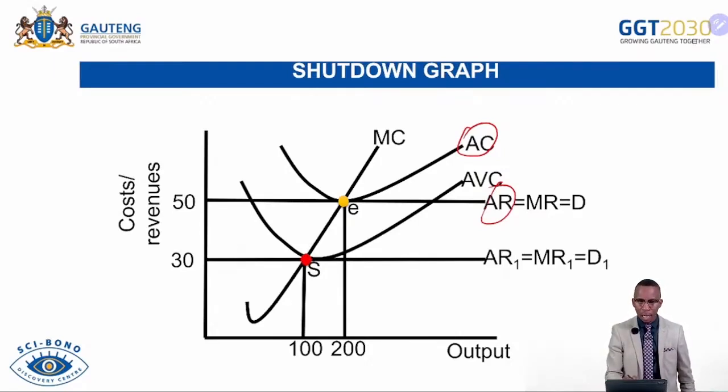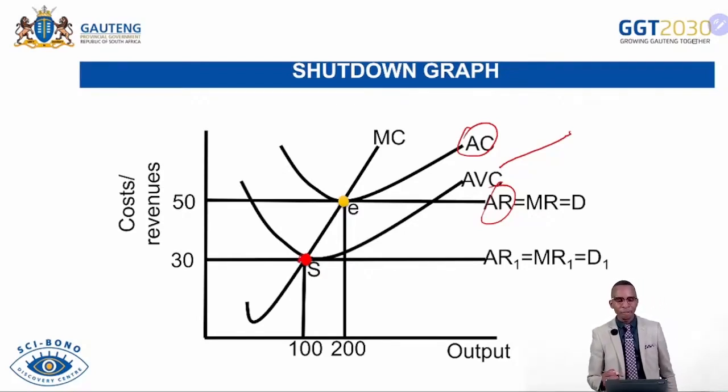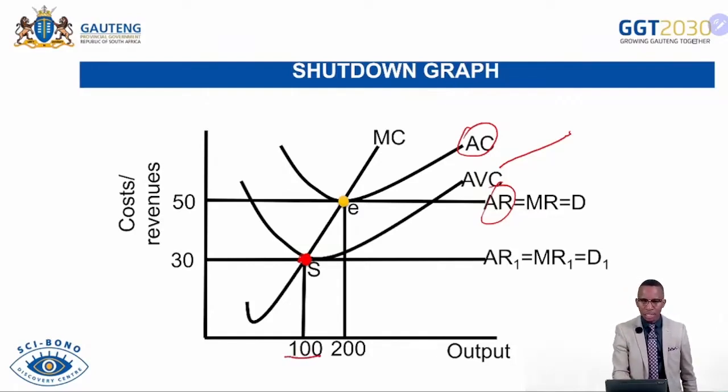The firm can shut down here because what happens? AVC, or average variable cost, is equal to the marginal cost at this point. They intersect here, so that leads to the firm shutting down. That means the firm cannot afford to produce anything below 100 units and cannot afford to charge any price below 30.